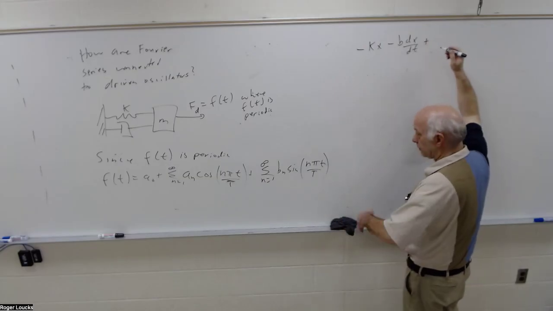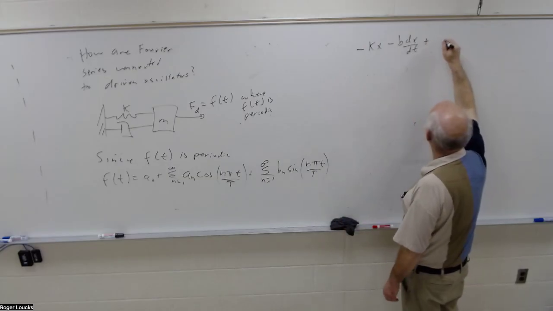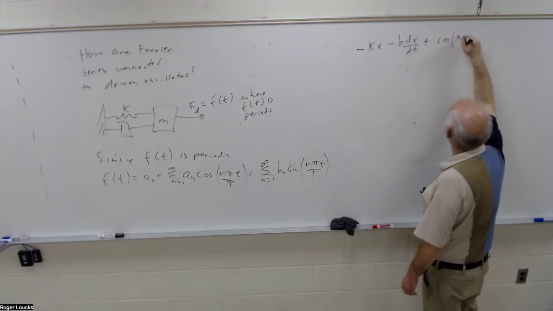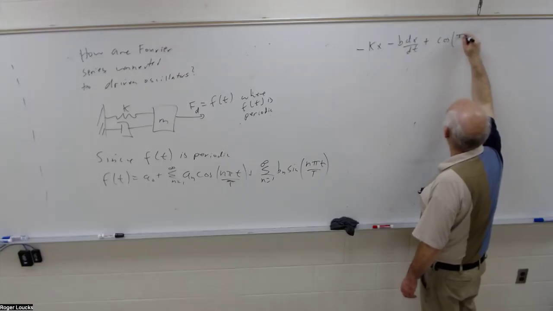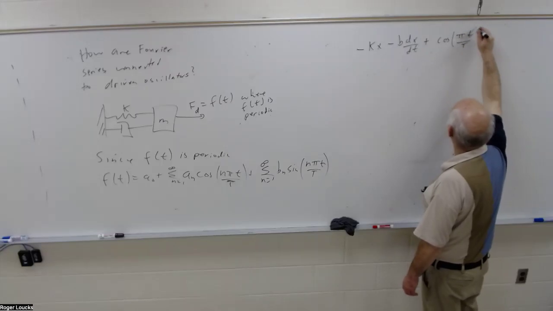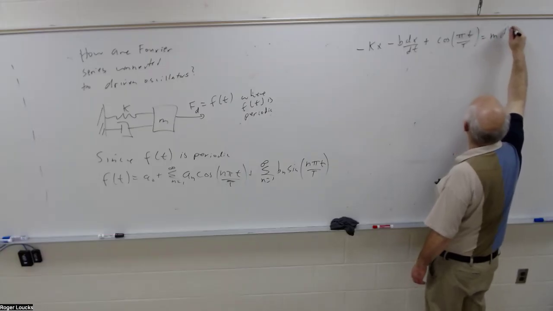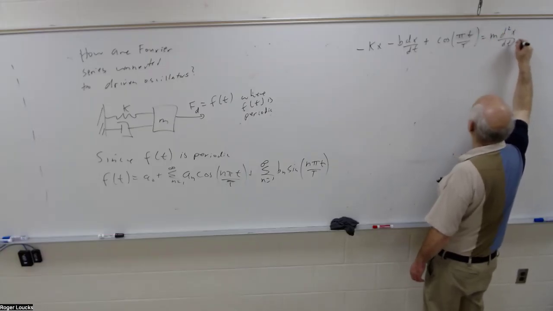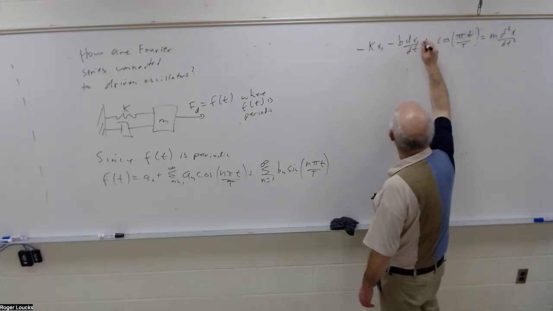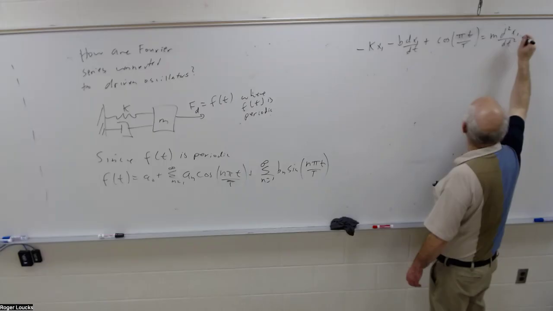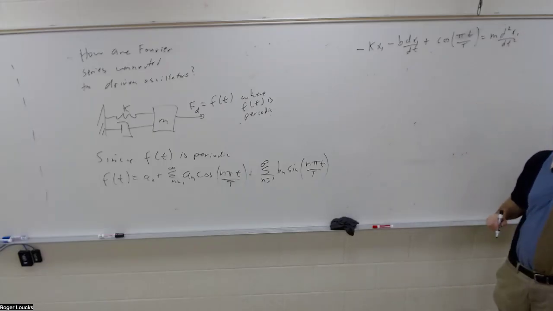I'm going to say that this is going to be cosine pi t over T. Let's equate this to m d2x over dt2 like this. I'm going to put little ones on here. So I'm going to put a little 1 here, a little 1 here, a little 1 here.